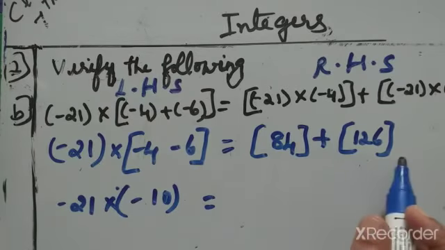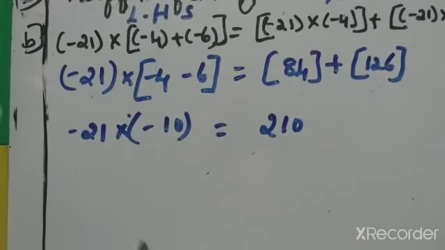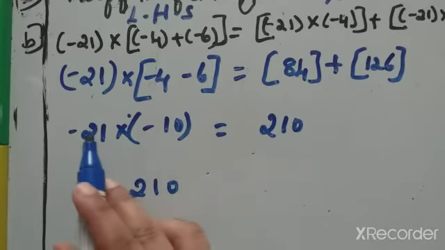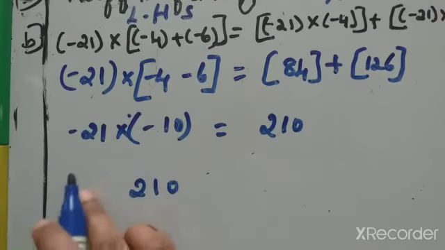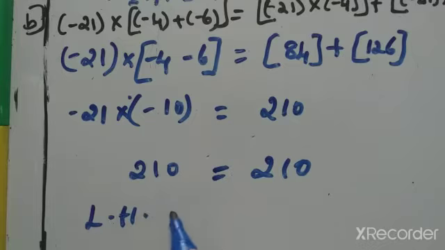Now 84 plus 126 is 210. Now 21 into 10 means 210. Minus into minus means plus, equal 210. Now LHS is equal to RHS.